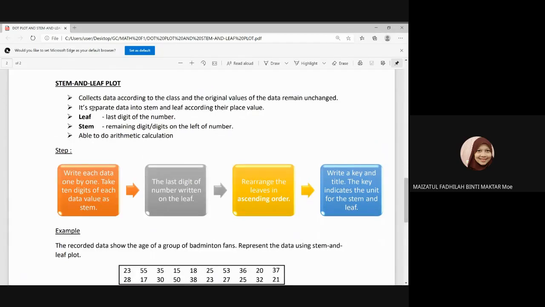For stem and leaf plot, we separate data into stem and leaf according to place value. The leaf is usually the last digit of the number, and the stem is the remaining digits on the left of the number. You will see in the example given to you.